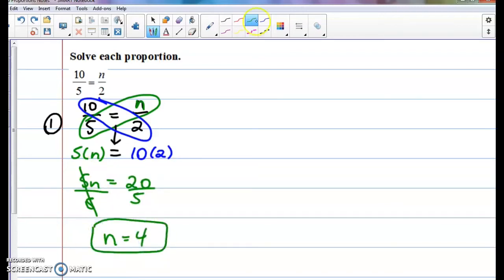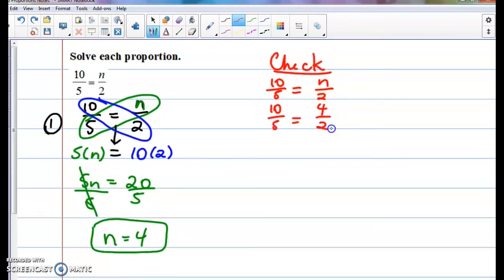And now to check it, you know me, we always check our first few that we do to make sure we got the right answers. We have 10 over 5 equals n over 2. This time I know n is 4, so 10 over 5 equals 4 over 2. A couple of different things you can do. You can reduce each fraction and say 10 over 5 is 2 equals 4 over 2 is 2.